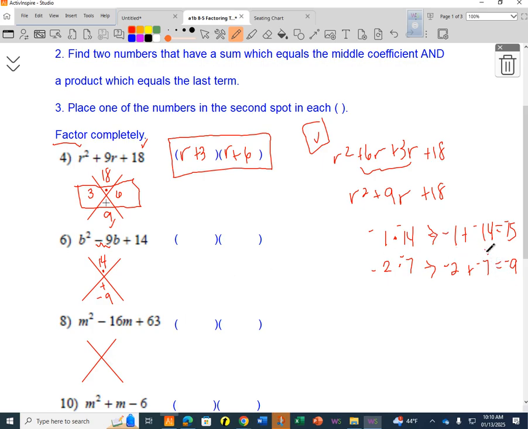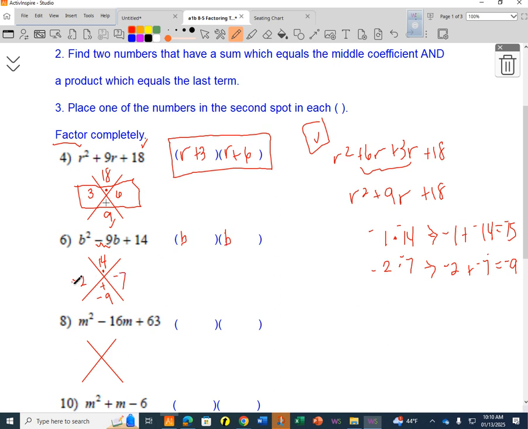So our factors are negative 2, negative 7, and now we can fill in our empty parentheses. What goes in our first spot in each? Then B. So B times B. Okay.